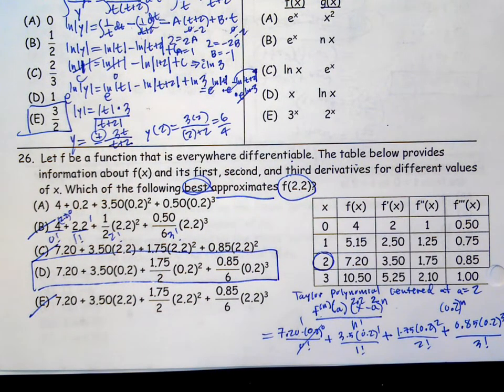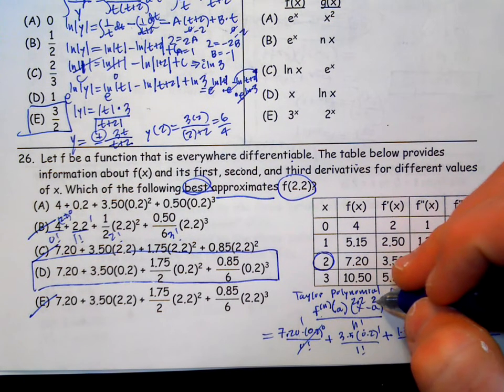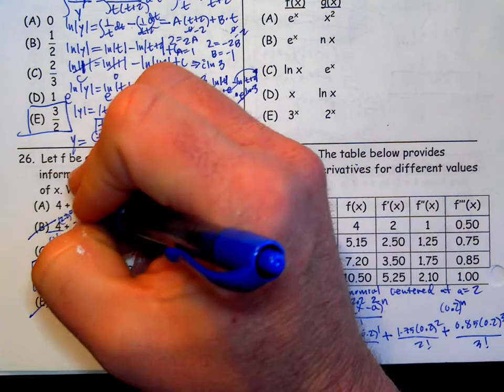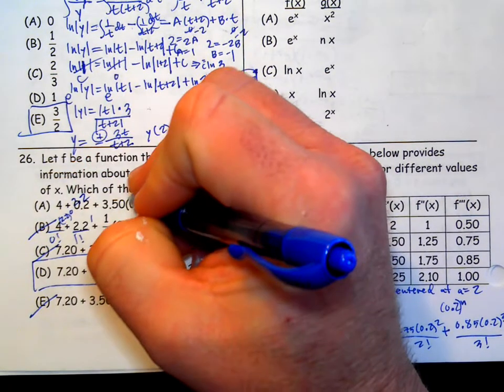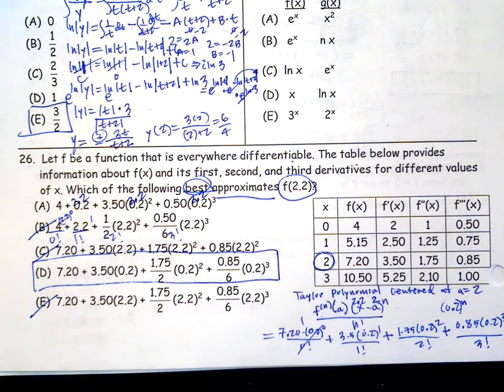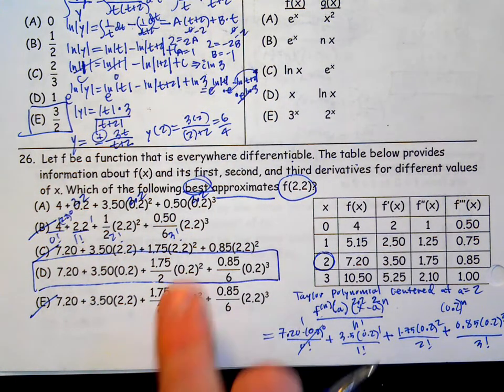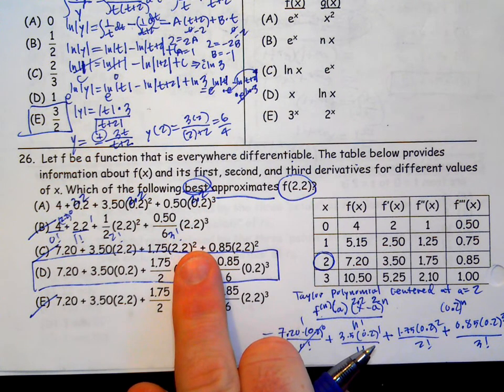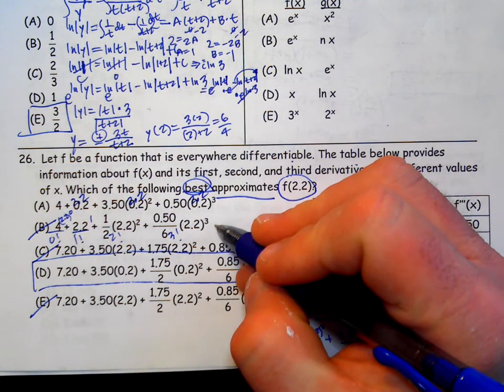A looks like it's using all the values at 0, but then those numbers wouldn't make sense. If it was centered at 0, then it'd be 2.2 minus 0, and you would see 2.2s here. If you were going to center it at 0, which I guess is possible, right? And this one looks good as far as being centered at 0.